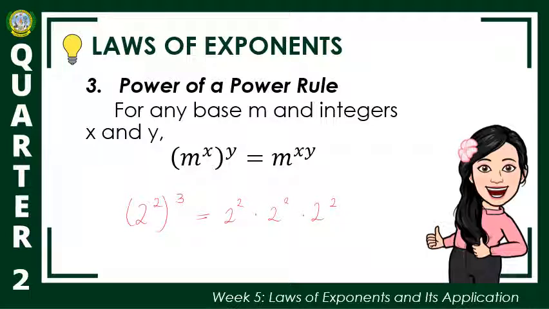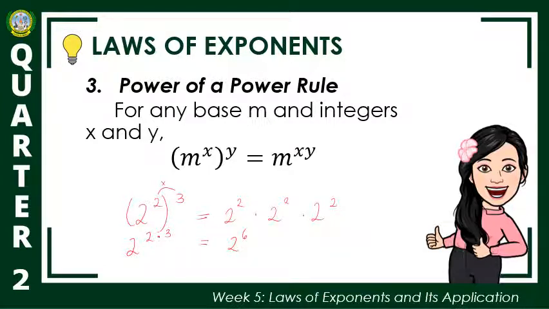Then, applying the product law, we have 2 raised to 2 plus 2 plus 2, which is 6. Looking at the given, we can simply multiply the exponents, 2 times 3, to make it easier. So that's 2 raised to 2 times 3, and that will also give us 2 raised to 6.